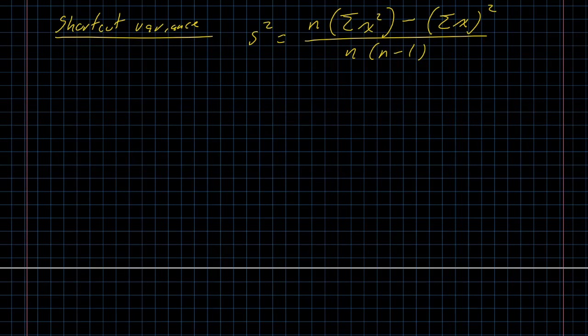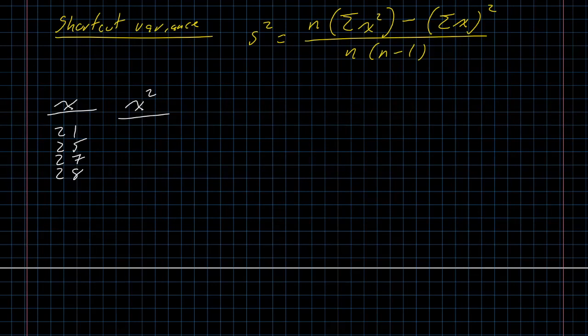We had x values of 21, 25, 27, and 28. The reason that the shortcut formula is useful is that the only other column you need here is an x squared column.